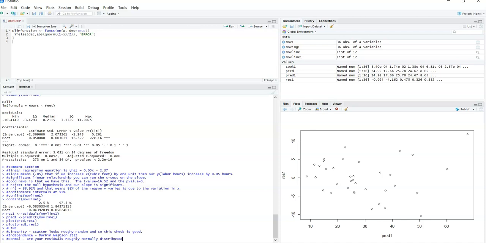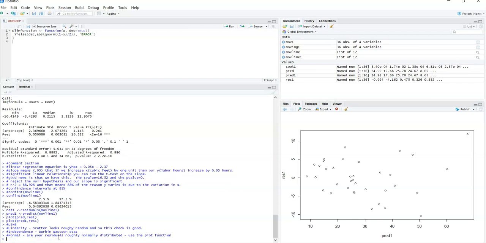To find this out, we will use the plot function. So again, I'm going to pause on that one and come right back to it. The only reason I'm talking about them now is because I gave you the acronym LINE, and I want to go through the acronym in order: linearity, independence, normal, and then equal variance. Some people call that the homogeneity test.